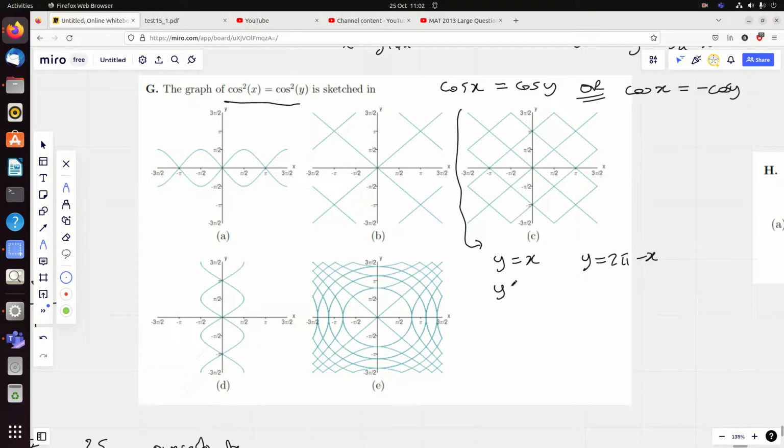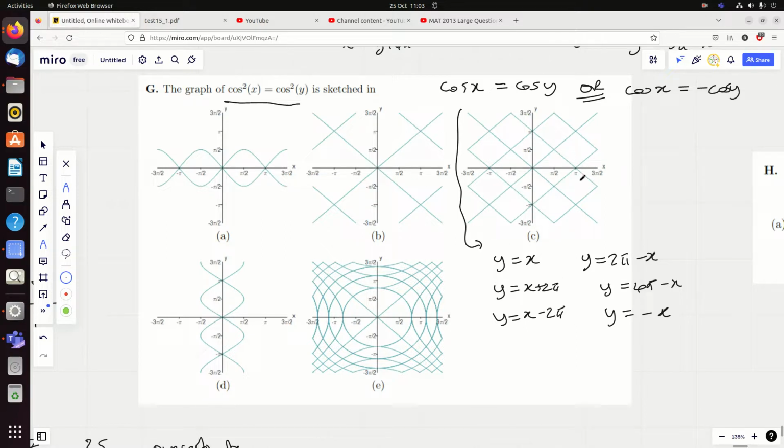But then you're going to get add 2 pi. You could take away a 2 pi. And so on and so forth. Here you're going to get add 2 pi. You could take away a 2 pi. y equals minus x. Yeah. And so, it's definitely looking like these two. Can you see they're always going to be straight lines? So it looks like these two are the ones which are the contenders.